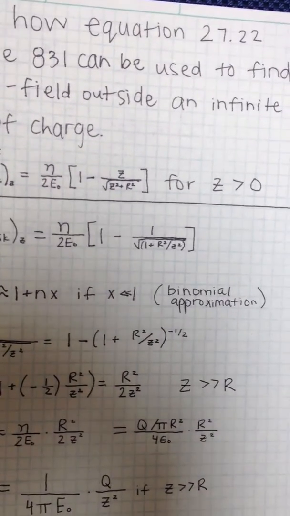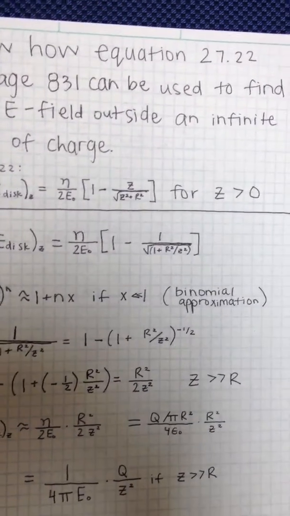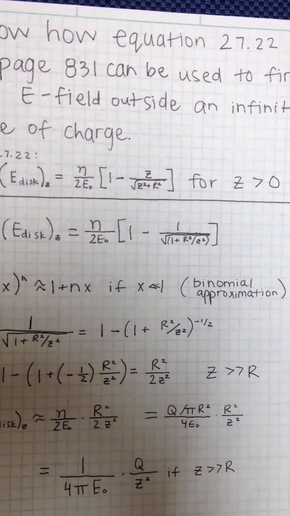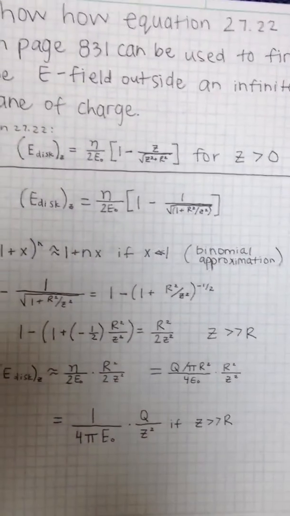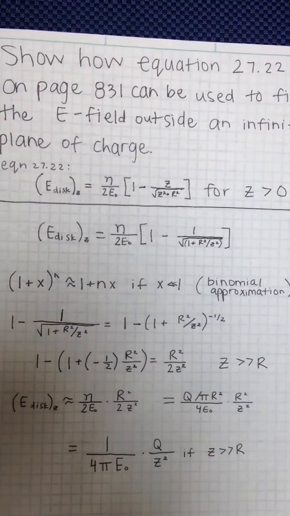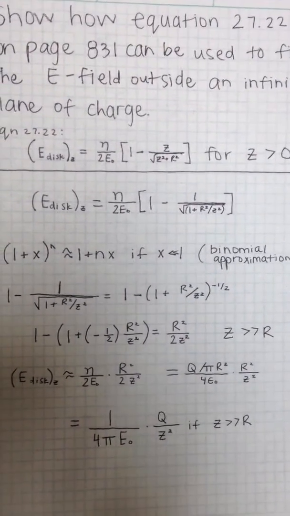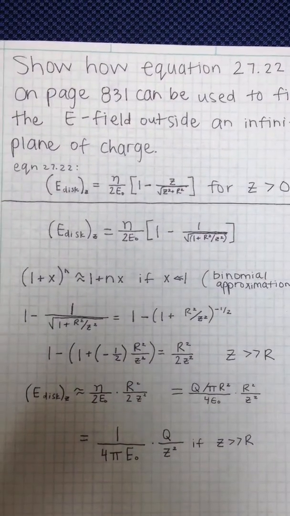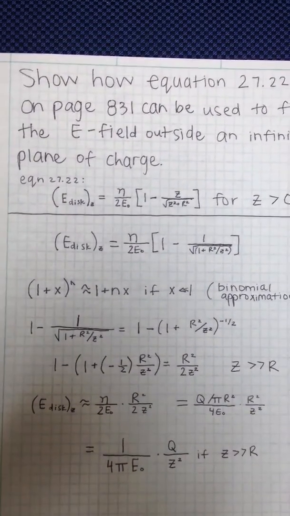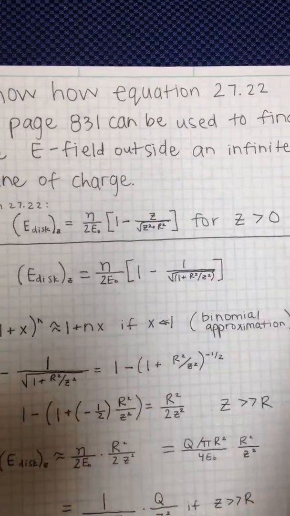Now R squared over Z squared is less than 1 if Z is greater than R. So the second term in the square brackets is of the form 1 plus x to the negative 1/2, where x is less than 1.